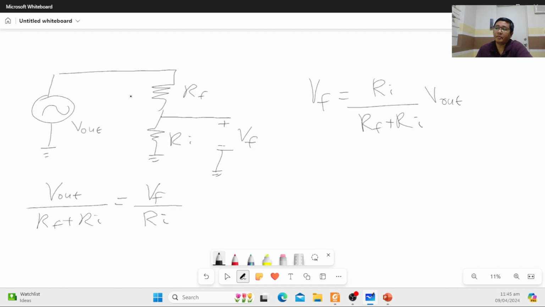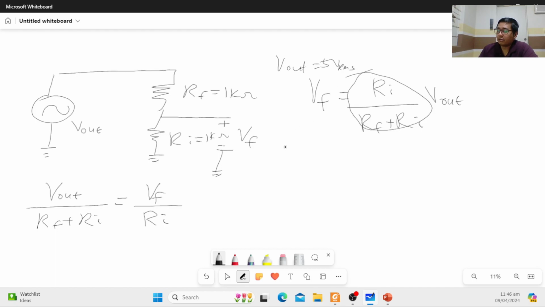So for example, we have 1K for RF, and then let's say 1K also for RI. So the output is then divided by 2. So for example, if your V out is, let's say, perhaps 5 volts RMS. Alright. So ang magiging input mo dun sa ating inverting input would be a half of that. Kasi ito yung ating attenuation.